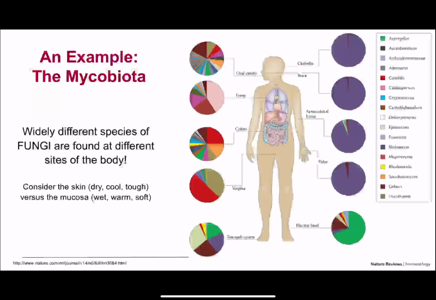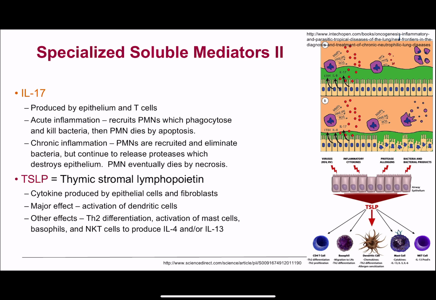All right, we talked about cytokines and defensins, so I'll leave you to remember that if you want to read it again. That's the same thing that we talked about in the last hour a little bit. Specialized mediators, we talked about the role of IL-17. One that is new, that plays a more important role in the epithelium, in the skin, the cutaneous epithelial defense, is TSLP, thymic stromal lymphopoietin.